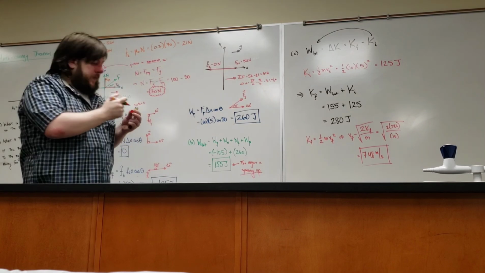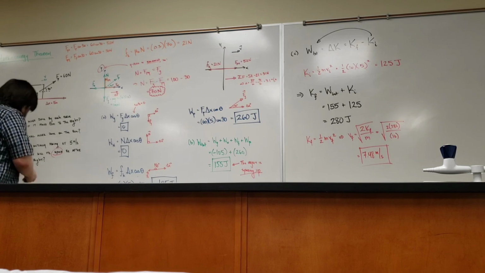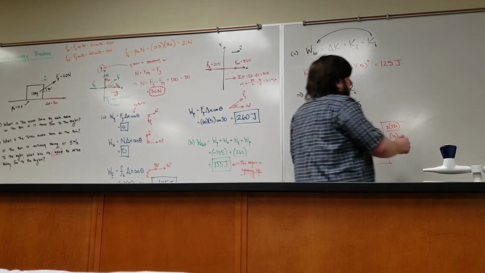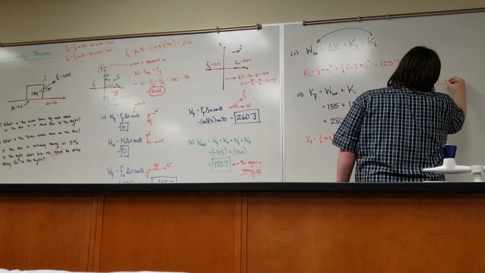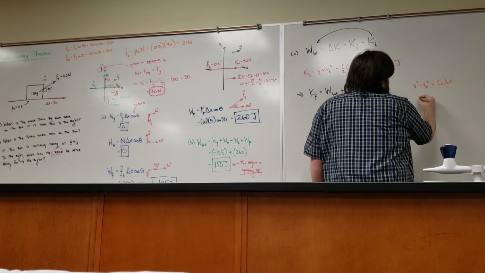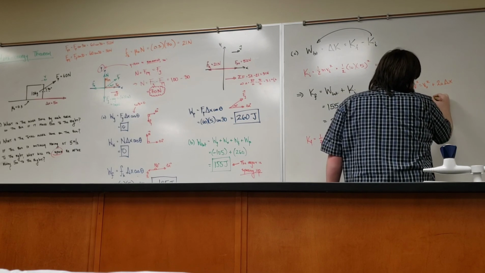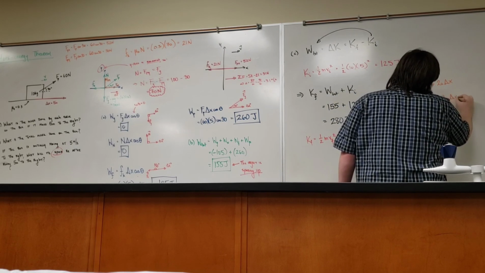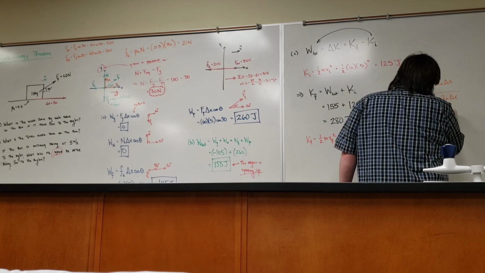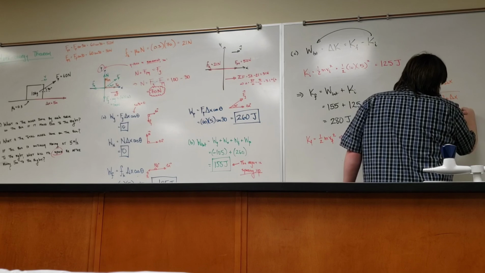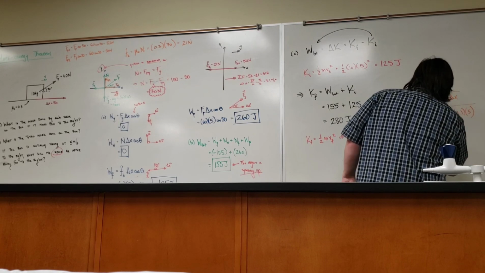We can use the kinematics formula that we're familiar with: v squared equals v naught squared plus 2a delta x. So v is the square root of v naught squared plus 2a delta x. V naught, the initial speed, is 5. 2 times a is 3.1, and delta x is 5.